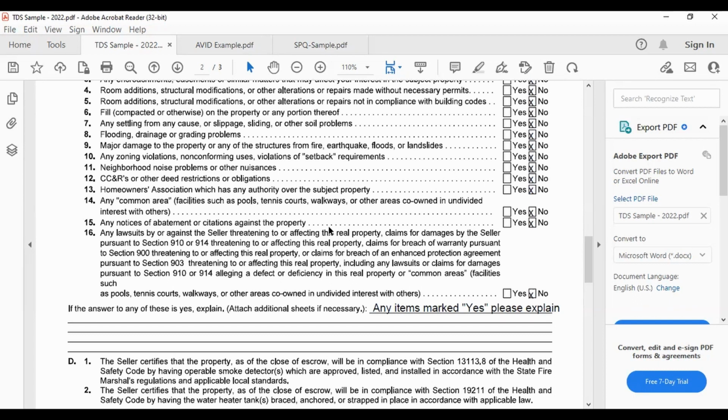But more than likely, if there were any citations or violations, it probably would catch up to them after a while, because the city might take a while to give them notices out and start fining them, but they eventually would. But there are some things that if the city doesn't know about, like when the current owner bought it, maybe someone put a new roof on, that buyer didn't bother to go down to the city to see if there was a permit for it.